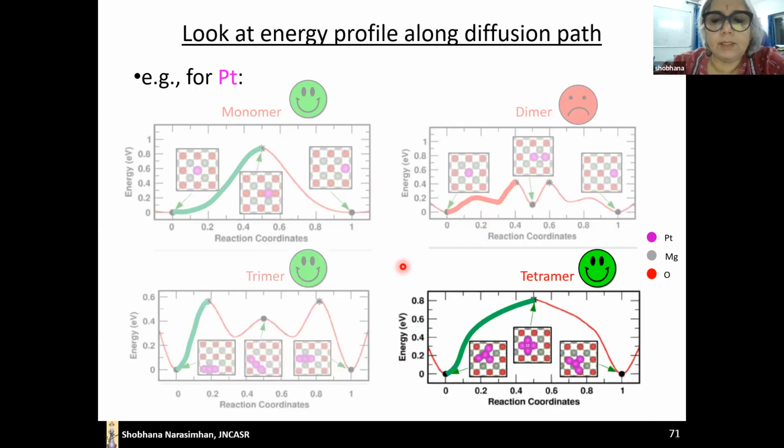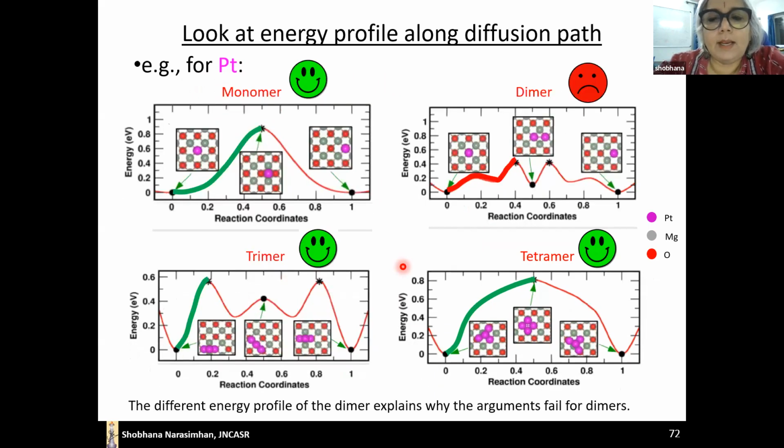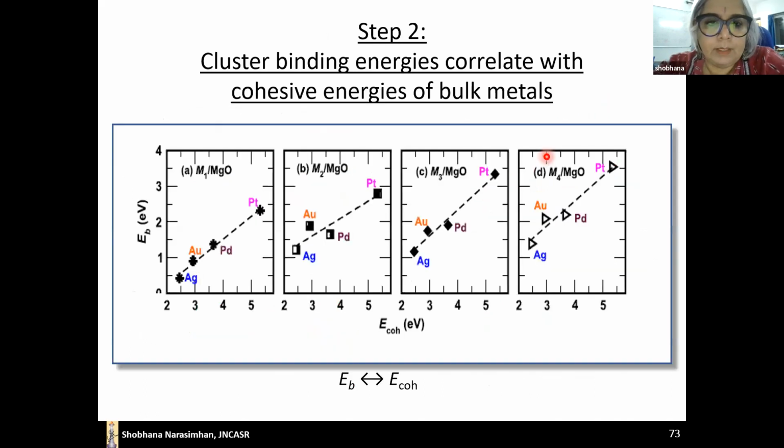For the tetramer, it's parabolic. And so now we understand why this argument failed for the dimer. For some of the cases in the dimer, you have this more complex energy landscape along the diffusion path, and so this simple argument fails, and that's why you don't have this correlation.